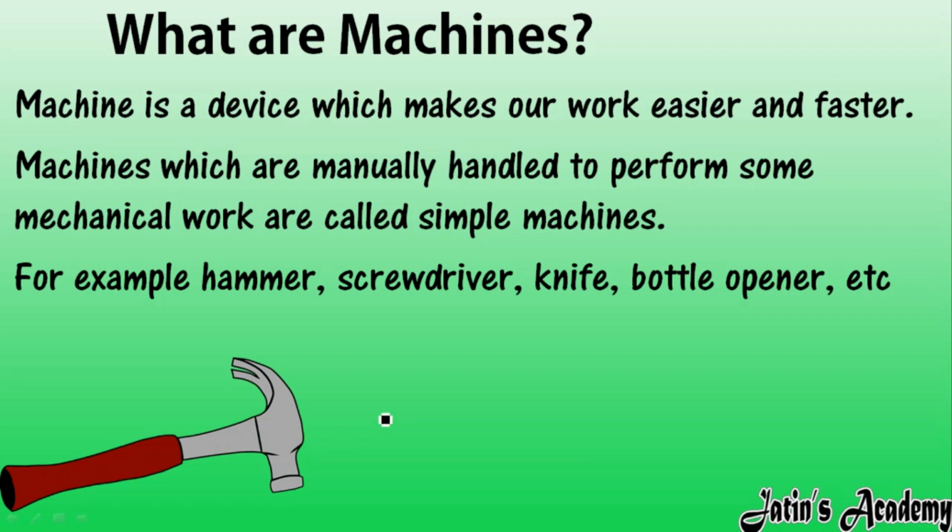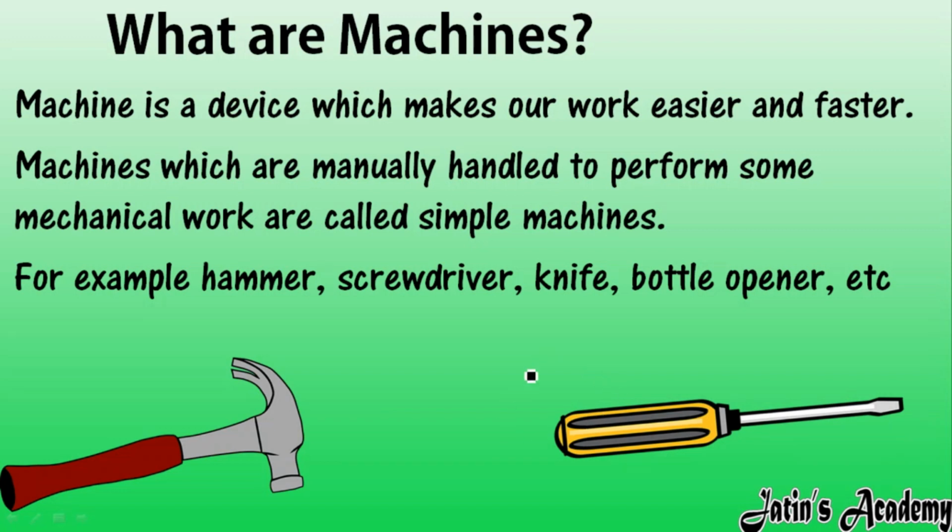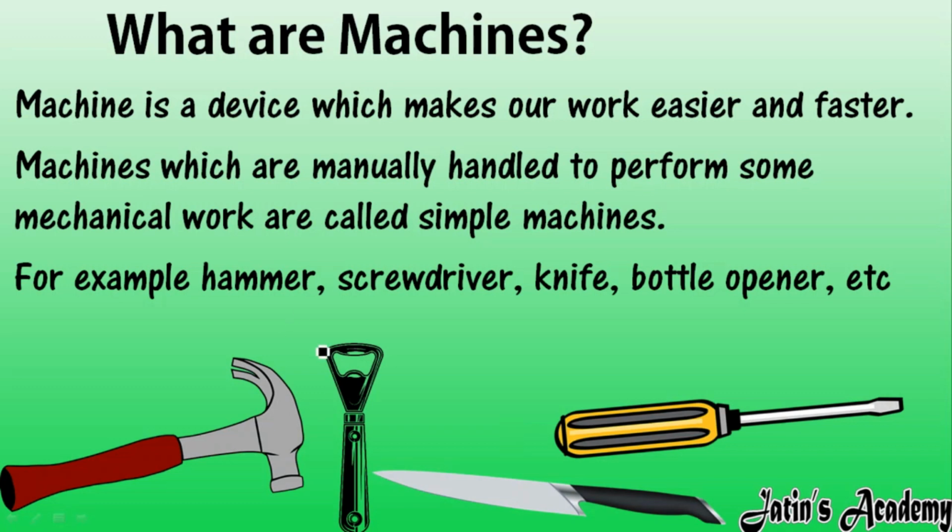Next we have the screwdriver. The screwdriver also acts like a machine which makes our work easier and faster. Next we have the knife, which I already mentioned. Next we have the bottle opener.